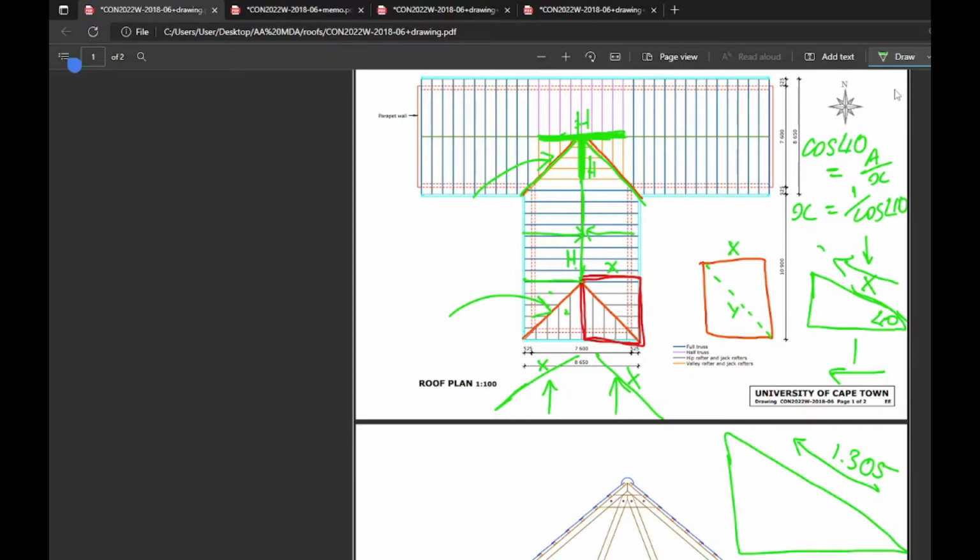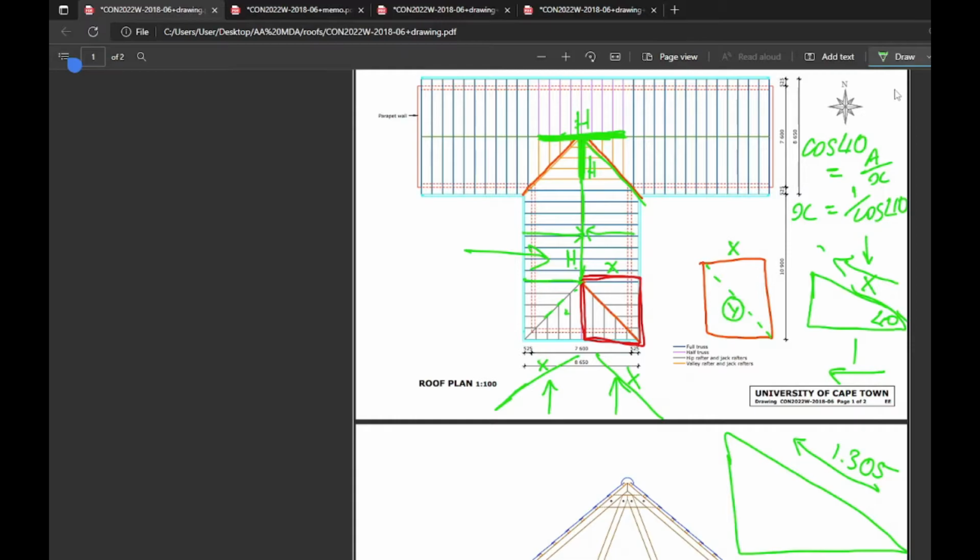And that's it, just one side. What I'm trying to explain is how do we decide if it's a valley or a hip? I'm getting a bit sidetracked, but let's just go back to what we were doing. For every 1 unit across, we've got 1.3 that travels up along the slope, okay?